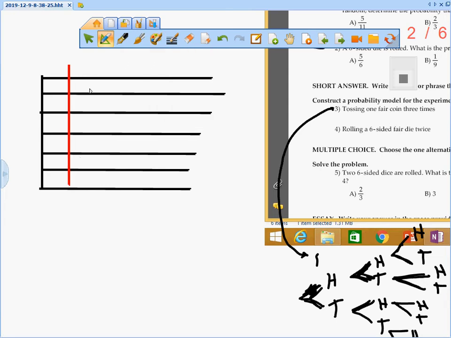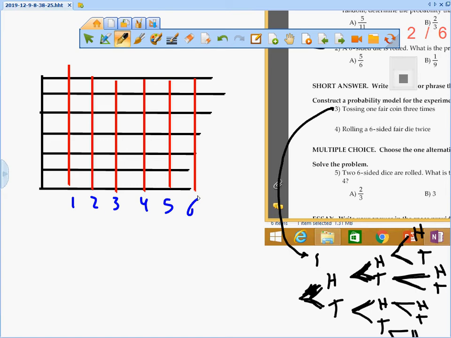For the first throw, 1, 2, 3, 4, 5, and 6. And the second one is 1, 2, 3, 4, 5, and 6.